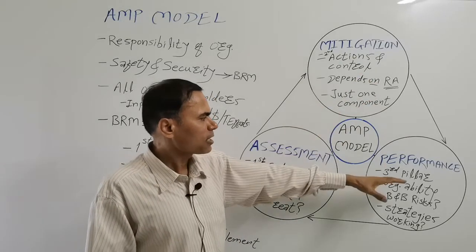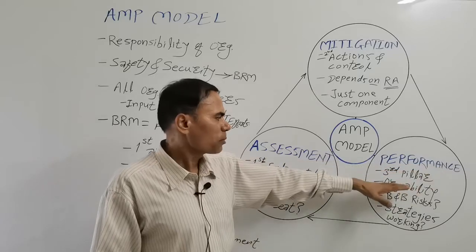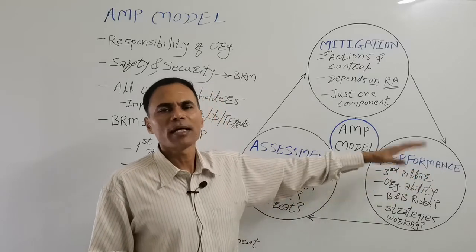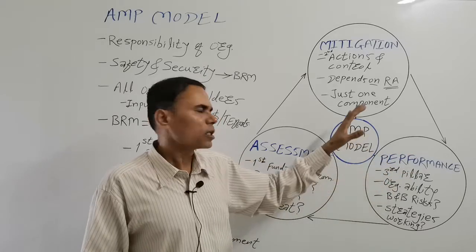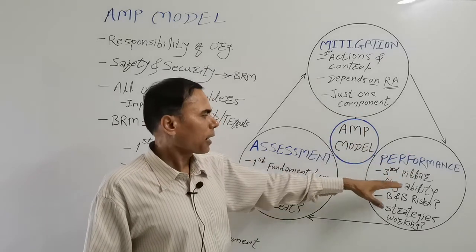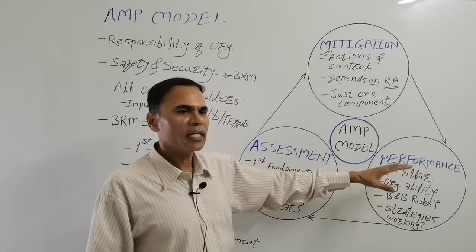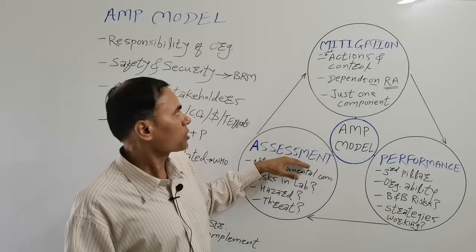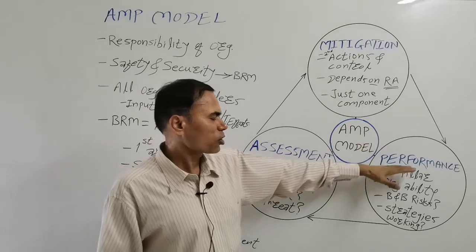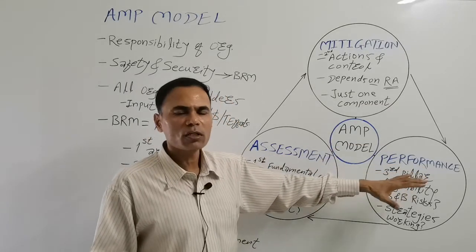Then the next step is performance. So this performance is the third pillar of biorisk management, or you can say the third component of the AMP model, and it is equally important as assessment and mitigation. So you cannot just make one component the best.